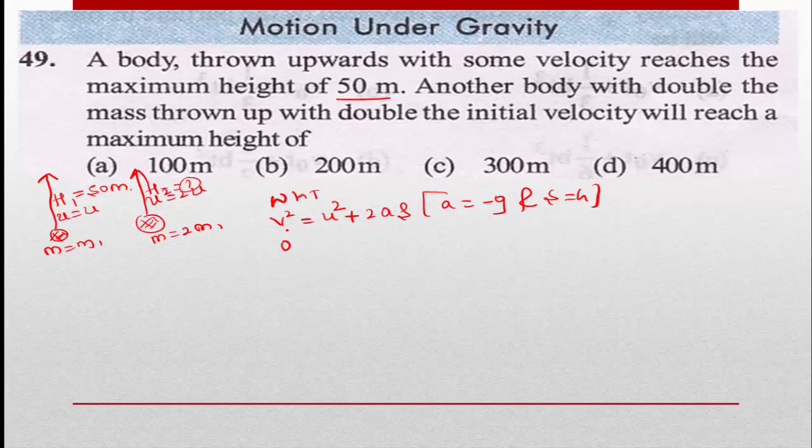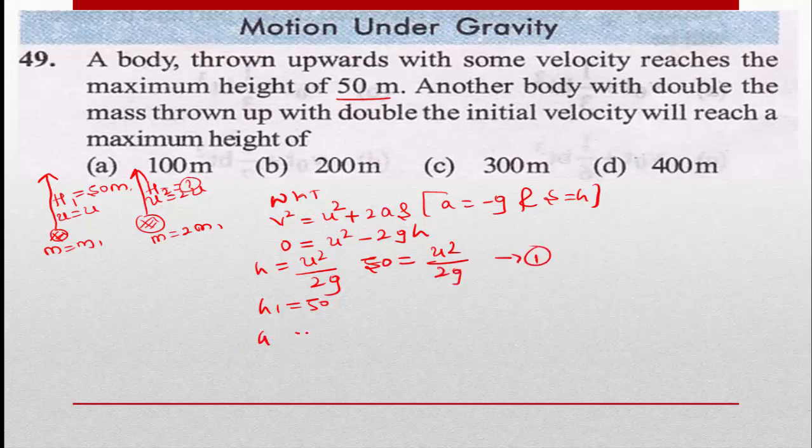Therefore, I can write this equation: v square, the final velocity, is 0, equal to u square minus 2g into h, or h is equal to u square divided by 2g. h1 is equal to 50. Therefore, here 50 is equal to u square divided by 2g. This is equation number 1.